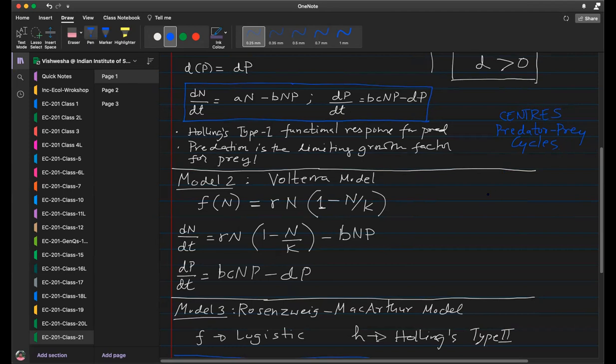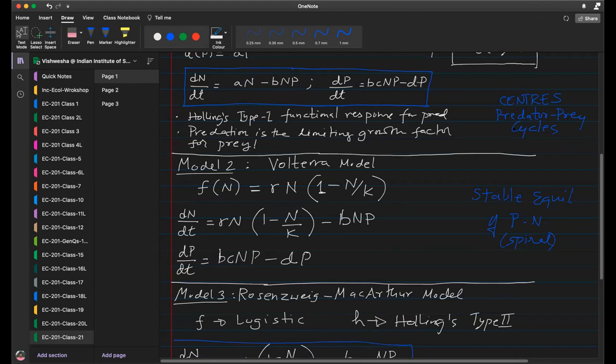Okay. So here, what you have is basically a stable equilibrium, and if I'm right, I think it's actually a spiral. Here, there are actually no cycles at all.